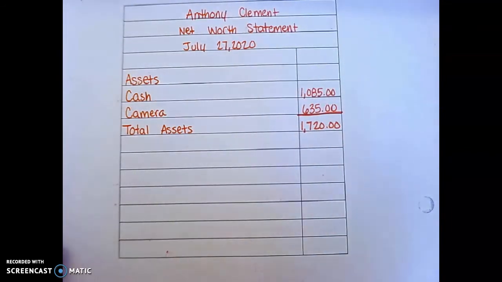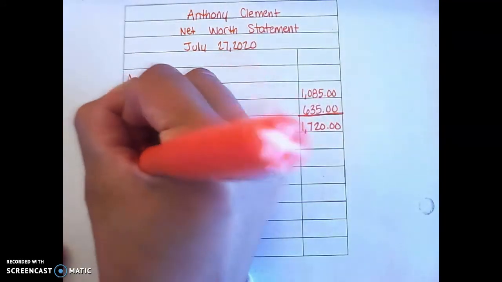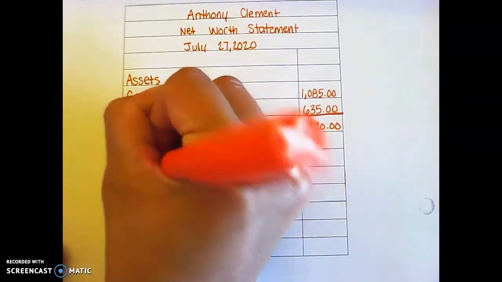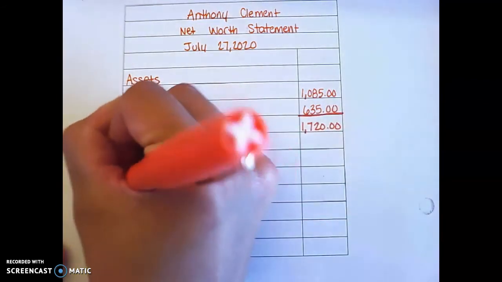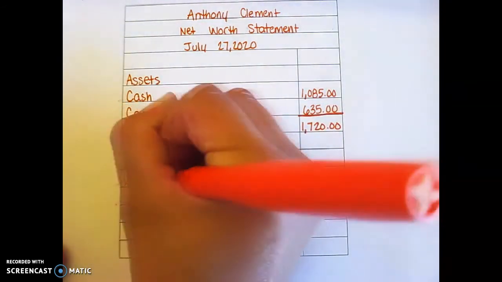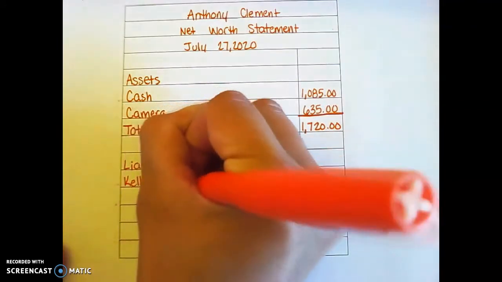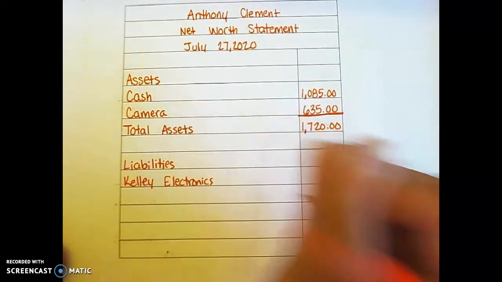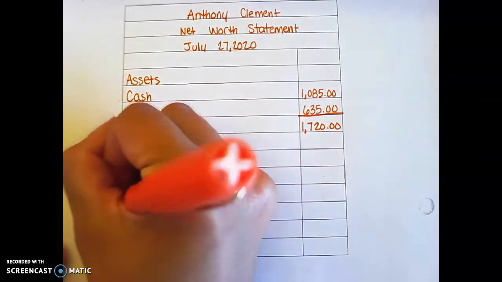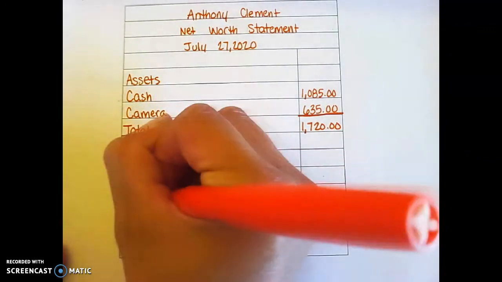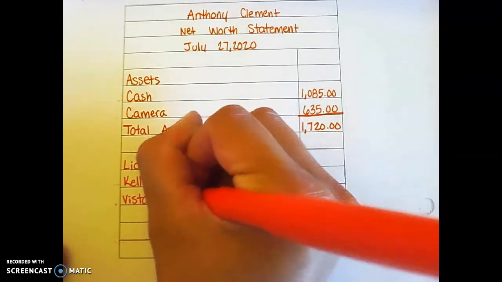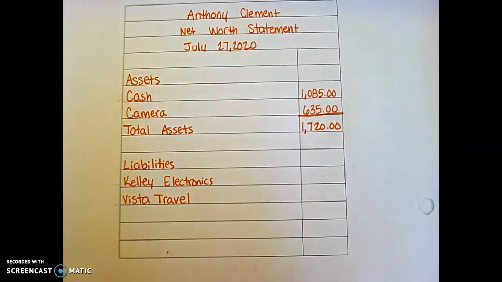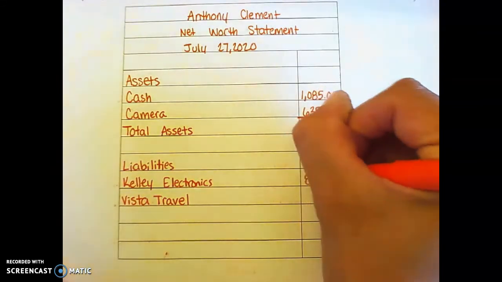The next section will be our liabilities. And he owes money to Kelly Electronics. And he also owes money to Vista Travel. So to Kelly Electronics, he owes $83.